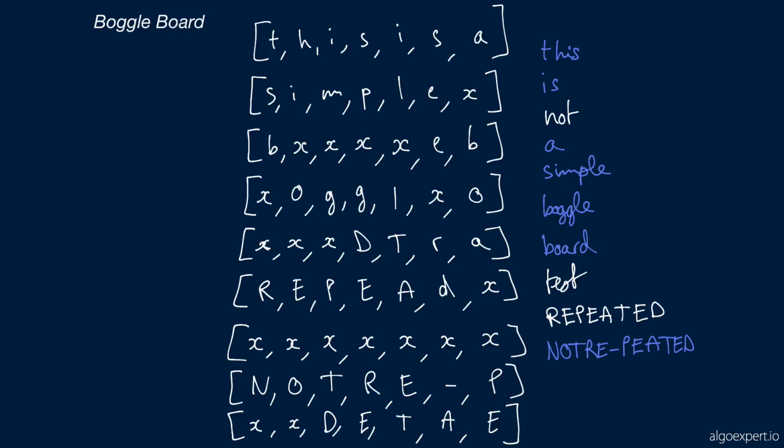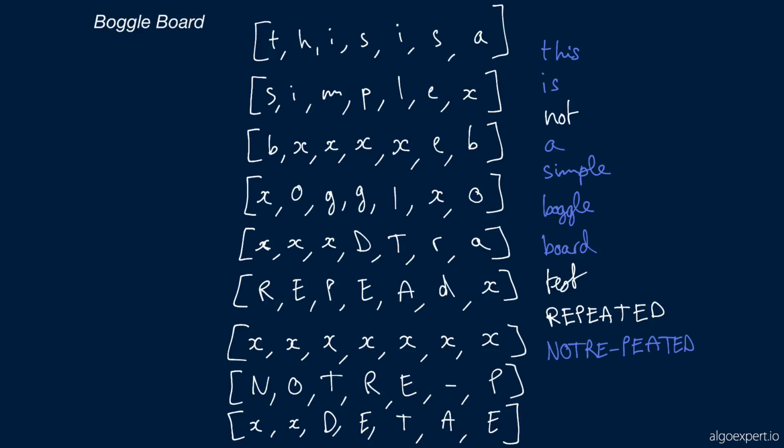In our case, we're going to be dealing with English words or quasi-English words. So I have an example list here on the right. And you want to write a function that is going to return another list of words containing only the words from the list that you're given that are also found in the boggle board.